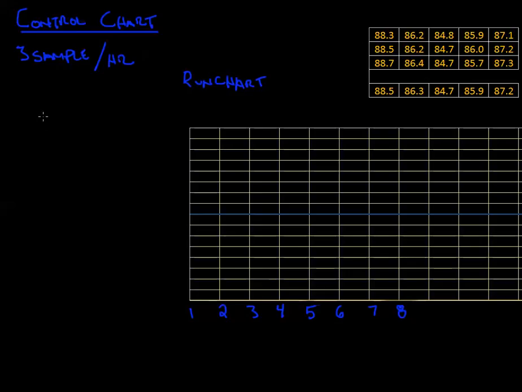Now, for instance, I'll just use an example. I worked in a heat treating application once, steel processing heat treating. We checked the hardness of the samples going through the heat treating operation, and the specification in that application was 88 plus or minus 5 points.